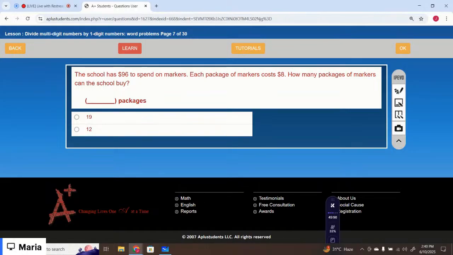So which is the correct option? That is the correct option.